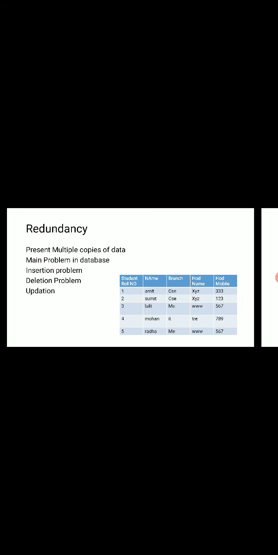The same data gives different values. For example, in record 1 the head name is XYZ and the mobile number is 333, but in record 2 the head name is XYZ and the mobile number is 123. That is inconsistent data: for the same head name, we are getting different mobile numbers.